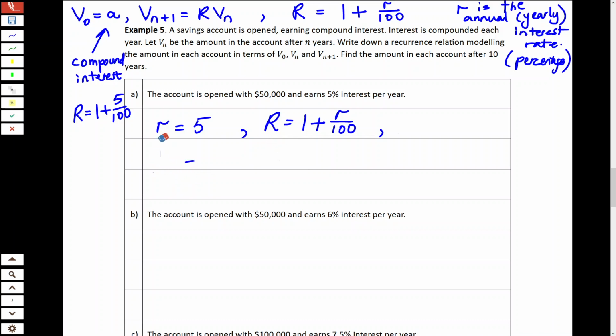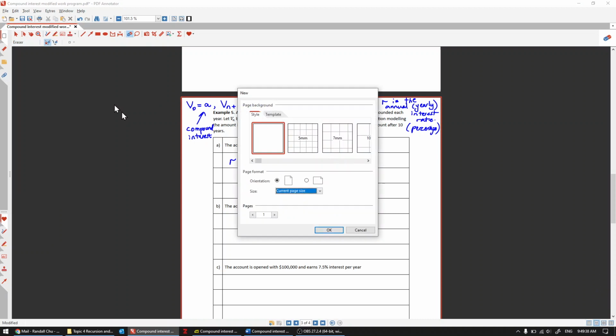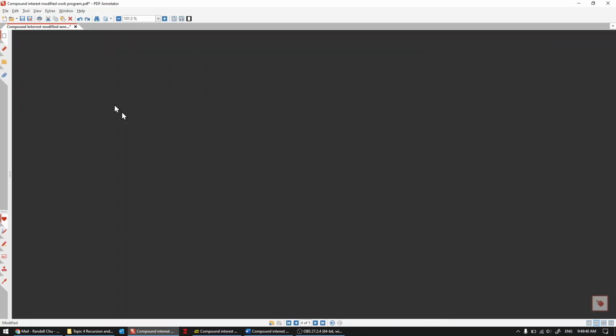Okay, so let me explain this in a bit more detail. I think I need a new page. So r equals 5. Are we okay with that? All right. Capital R now is the ratio. Then how did you get the capital R?